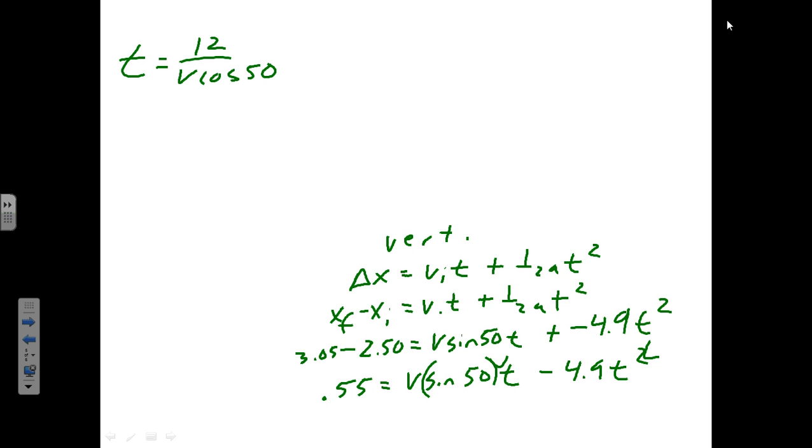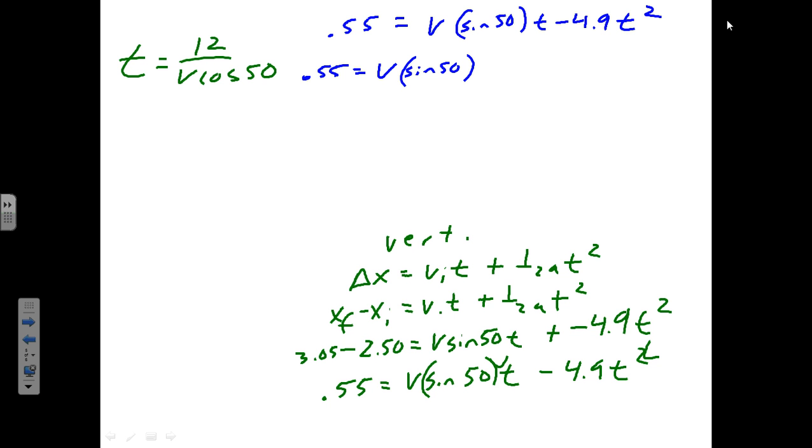So again, my equation at this point is 0.55 equals v times the sine of 50 times t minus 4.9 t squared. Okay, so let's substitute. 0.55 equals v sine 50.